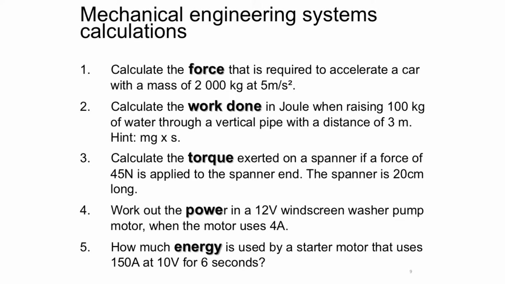Then we are given number 2, which will be example 2. Example 2 says, calculate the work done in joules when raising 100 kg of water through a vertical pipe with a distance of 3 meters.